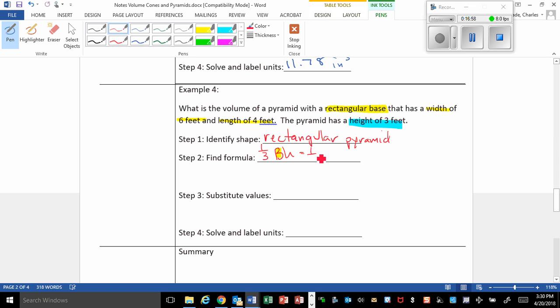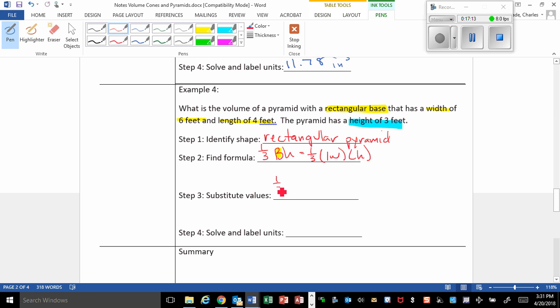So that's going to be 1/3. And what shape is the base? It's a rectangle. So it's going to be length times width times height. Okay? Now we're going to substitute in those values.